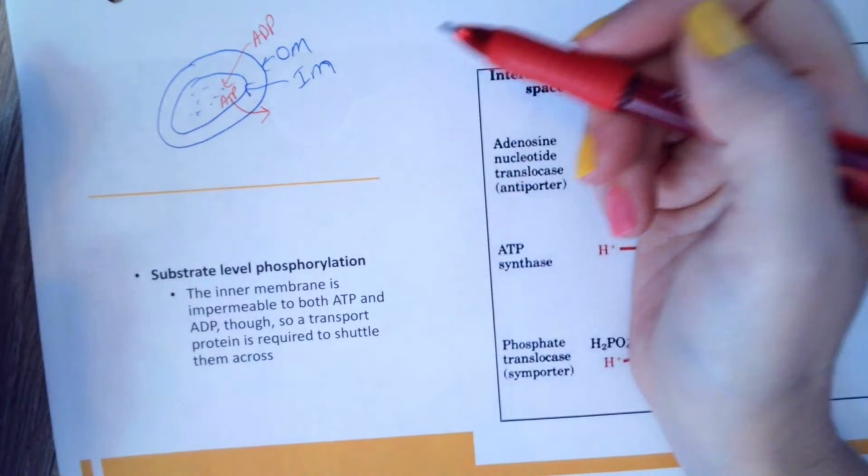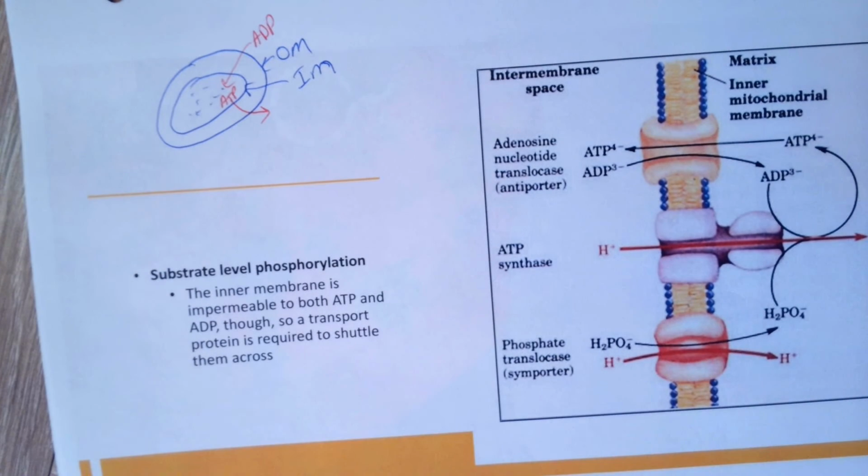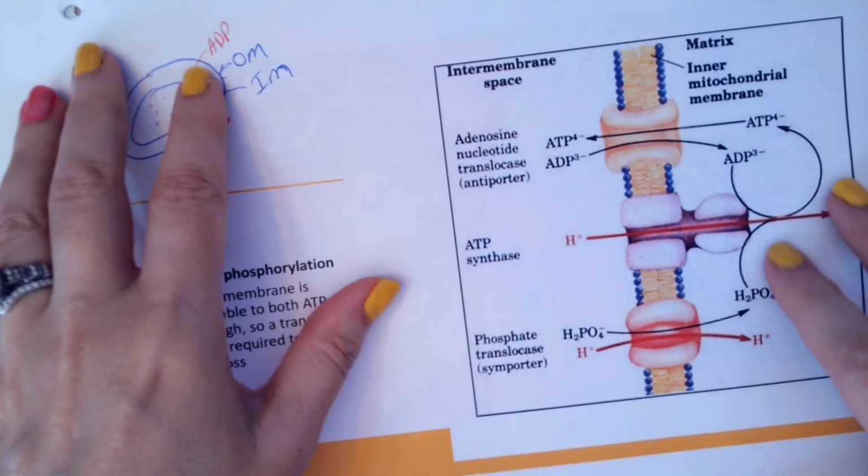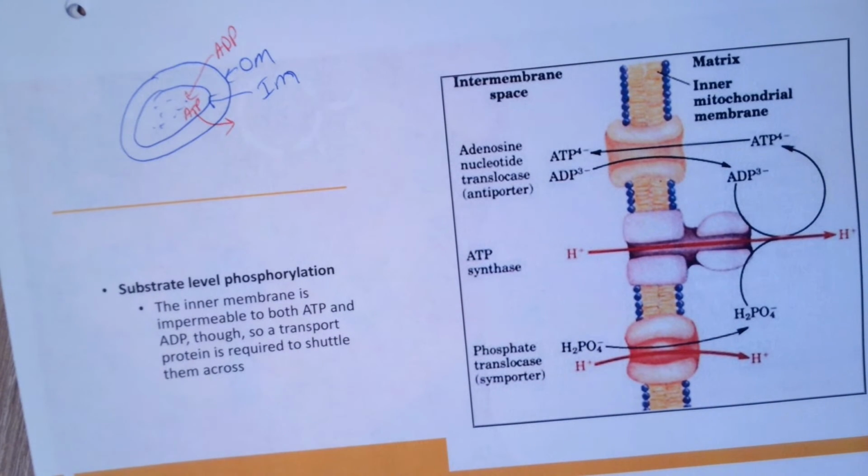Now, it's not just so easy as that. ADP can't cross that membrane. Neither can ATP. So we have to carry them across. And this is just like what you've seen before with like a sodium ion crossing a cell membrane. It needs a carrier protein to help it get across. So this is going to be really, really crucial.